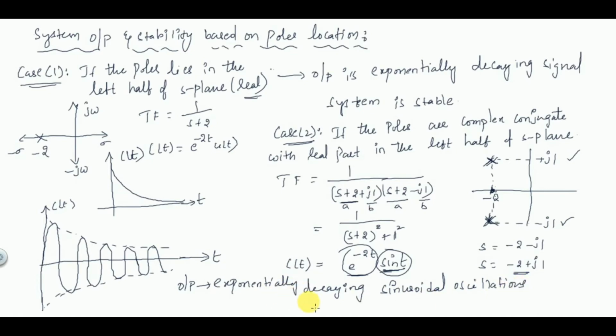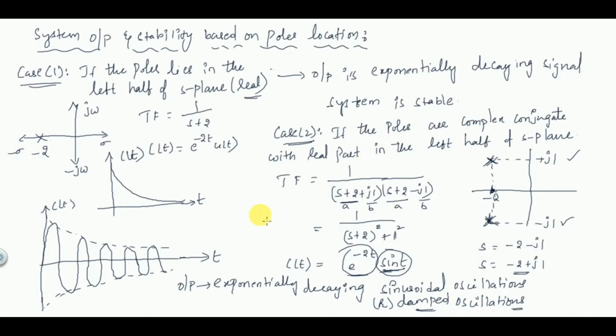What is the other name for exponentially decaying sinusoidal oscillations? It is damped oscillations. So we are going to call it damped oscillations, which decrease in amplitude, and that is called damped.